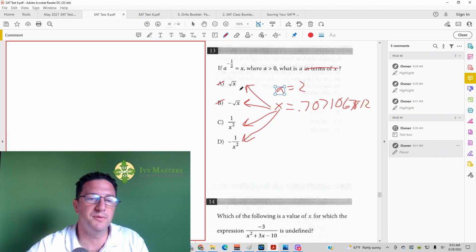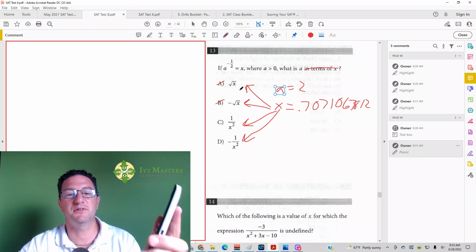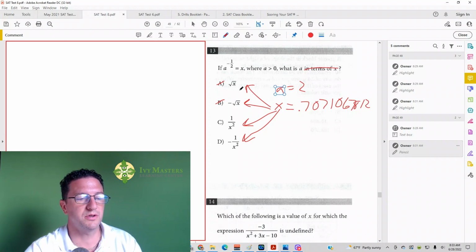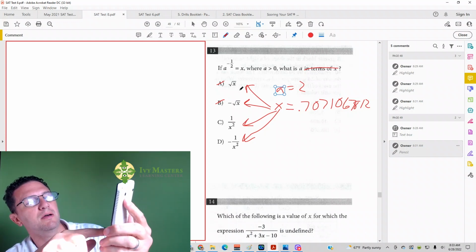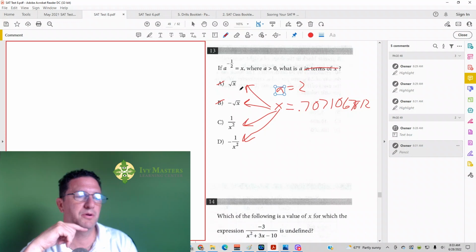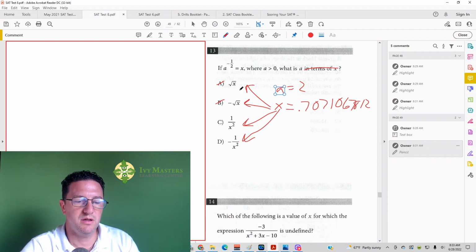So now what do I do? My answer choice C is 1 over x squared, so for the TI-84 Plus CE, alpha x, I put 1 on top, and on the bottom I put my x squared.